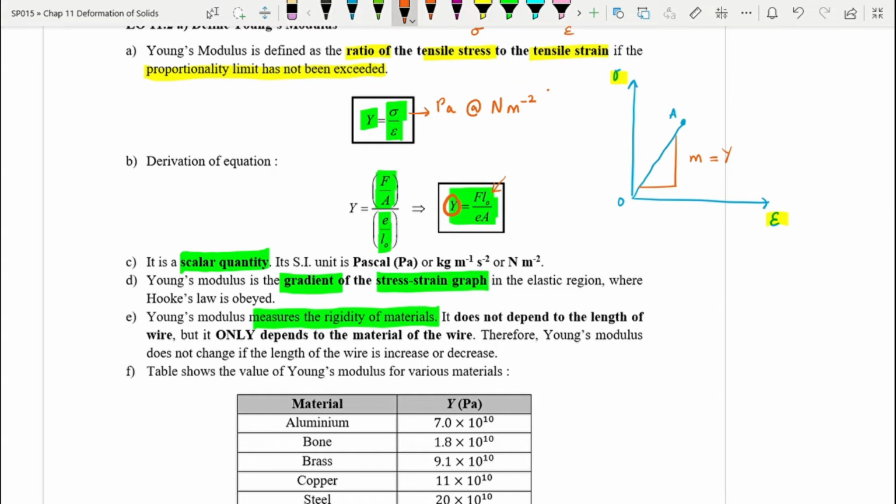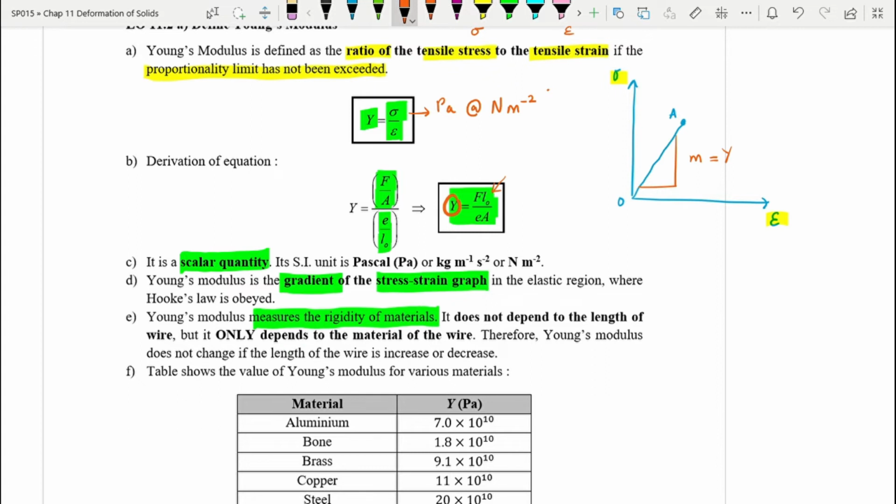Both are made from copper, so both have the same value of Young's modulus because they are made from the same material, regardless of the length. No matter what the length is, their modulus is still the same because the material is the same.